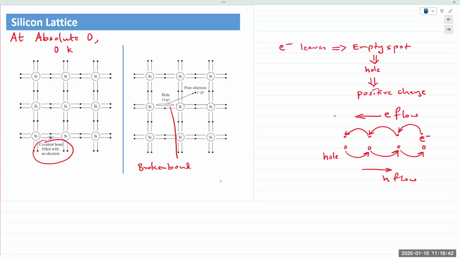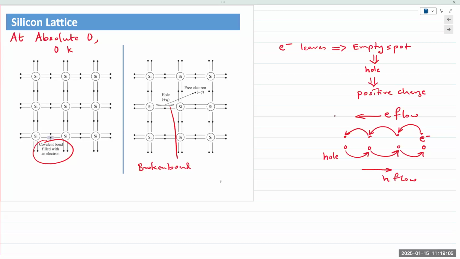Okay. All right. So these electrons and these holes that are generated are already present in the silicon. They are part of the silicon structure, so they're intrinsic to the material. Hence, these are known as intrinsic charge carriers. They carry charges: electrons carry negative charge, holes carry positive charge.